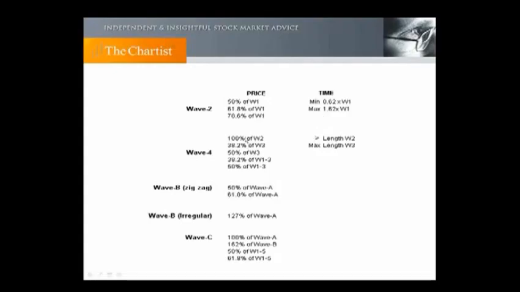In terms of wave 4, we're looking for 100% of wave 2, 38.2% of wave 3 to 50% of wave 3, 38.2% of extension wave 1 through 3, and a 50% extension of waves 1 through 3. In terms of time, we're looking for a greater length than wave 2. It cannot be shorter than wave 2, and the maximum length cannot exceed wave 3.